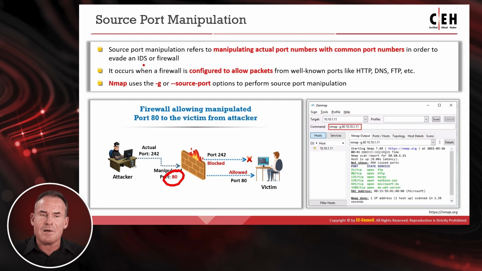So I may be able to configure Nmap to use port 80 instead of the default, which I think is still 7. Look at that. Using the -g or source port option allows you to specify the port. This may allow the traffic through the firewall. Depending on the firewall rules, HTTP, DNS, FTP, etc., you might be allowed in.